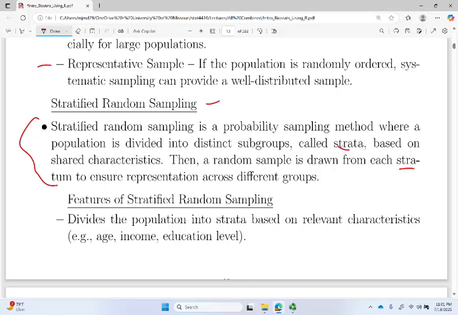I don't know. So it would make sense to group patients into, say, every decade, and then within those decades, sample so many subjects. So we have every age group represented within our sample.